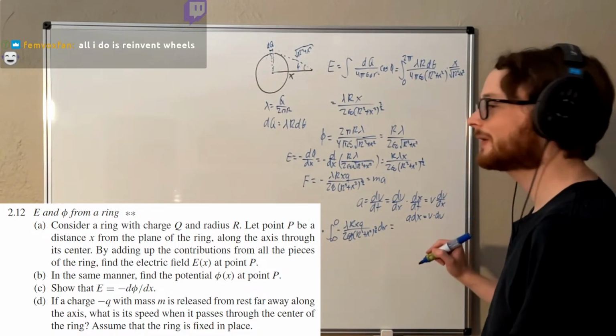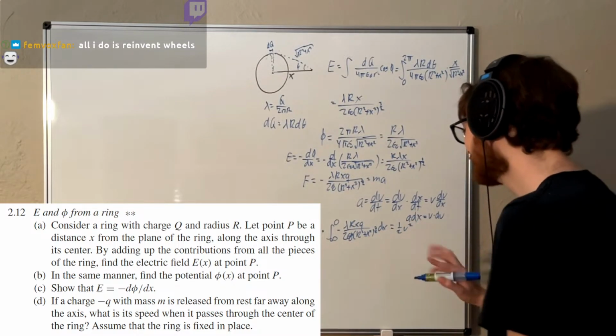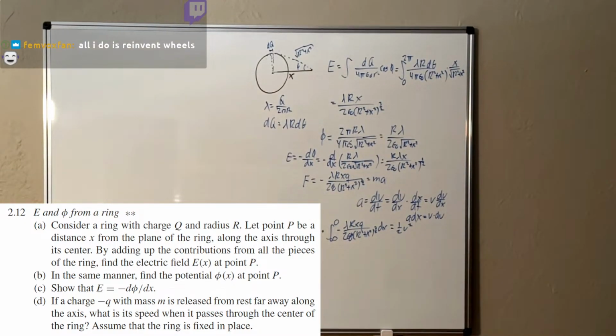I assume when we integrate v dv, we're going to get 1/2 v squared. Reinventing the wheel here, but you can totally do it this way.